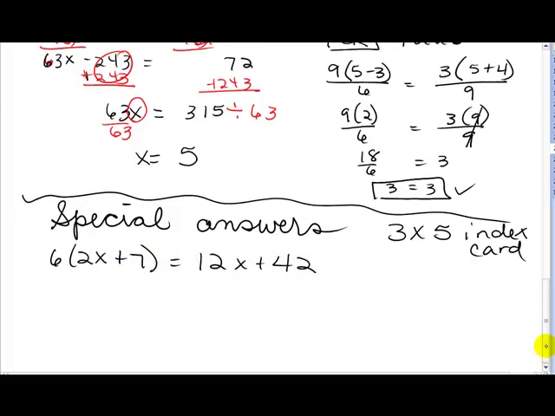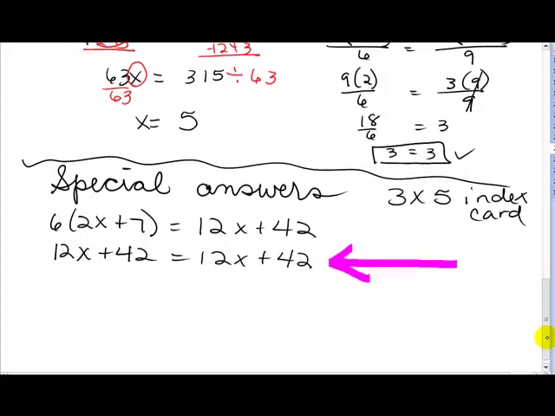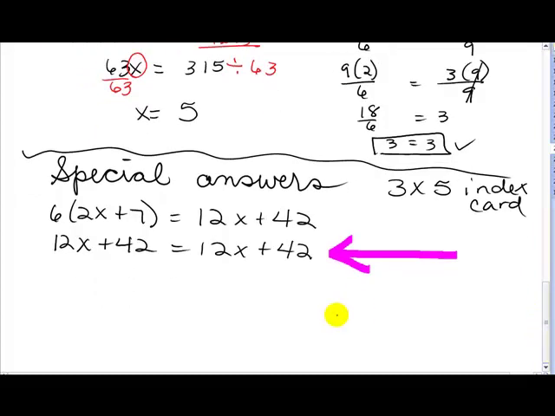Alright, we've got 6 times 2x plus 7 equals 12x plus 42. We're going to do the distributive property, so I'll have 12x plus 42 equals 12x plus 42. And at this point, if you recognize that that is the same, then you could go straight to your answer.